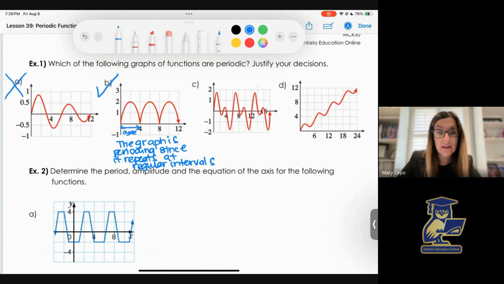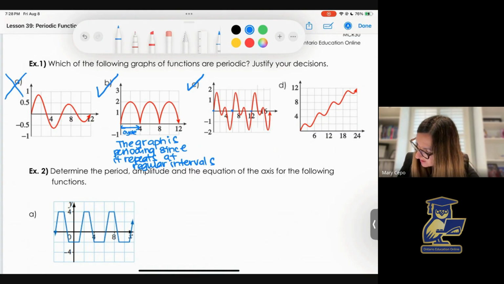Looking at C, again, we see a pattern there. It keeps repeating itself. That would be one cycle, then it continues, and then it repeats again. So on this particular graph, we have 3 different cycles. So again, the cycle, when one full repetitive pattern occurs, the period is that length of time it takes for that cycle to occur.